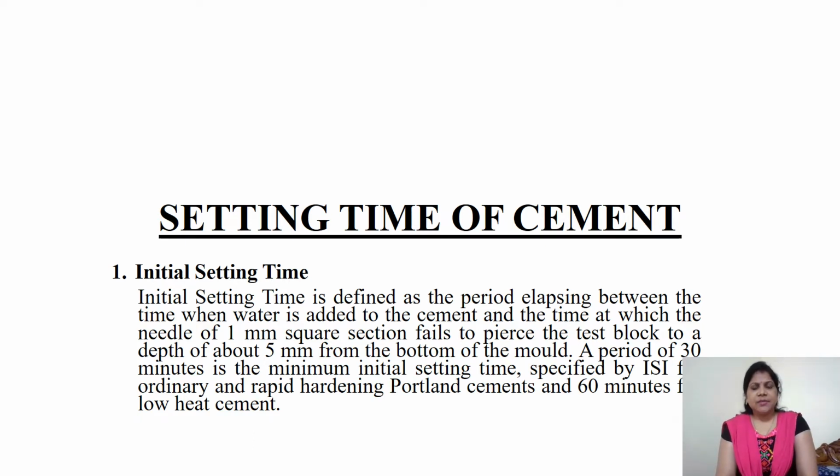It is specified in ISI. For conducting this test, Vicat apparatus is required. So now let us see the Vicat apparatus and what are the parts of Vicat apparatus which you are using for your initial setting.